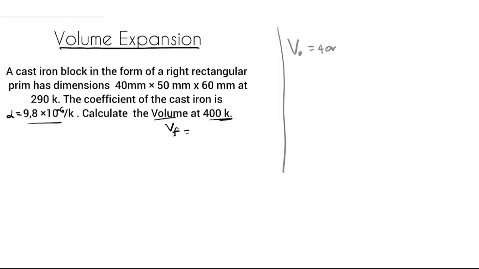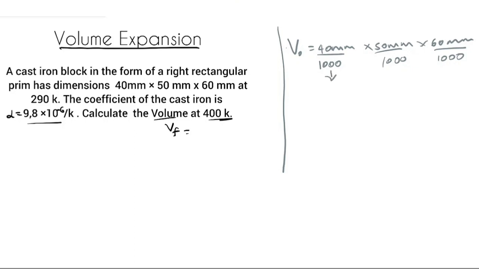40 millimeters by 50 millimeters by 60 millimeters. Then divide each by 1,000 to convert into meters.